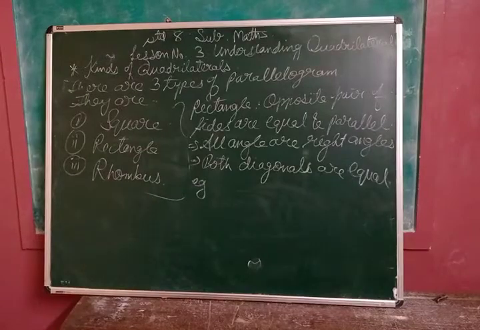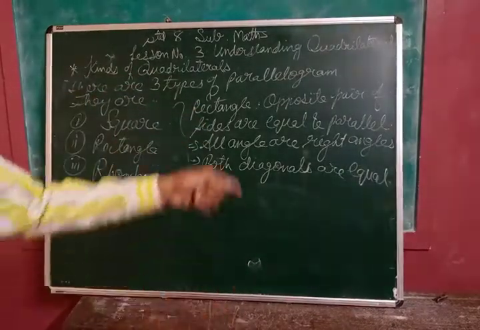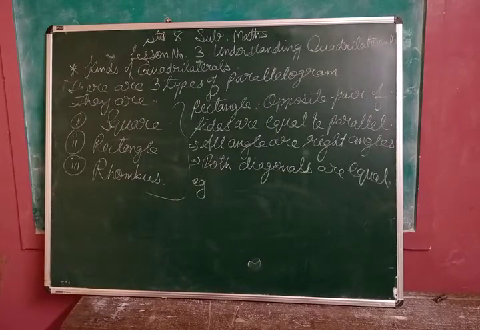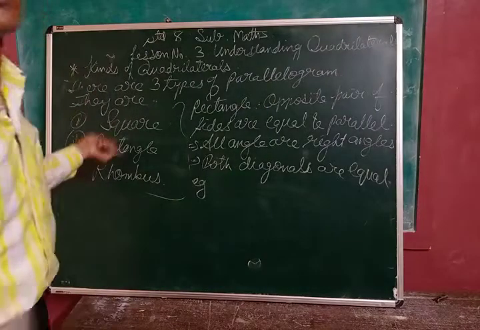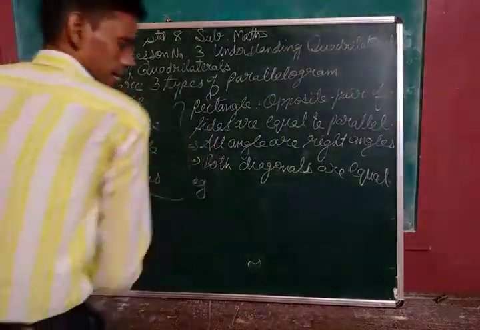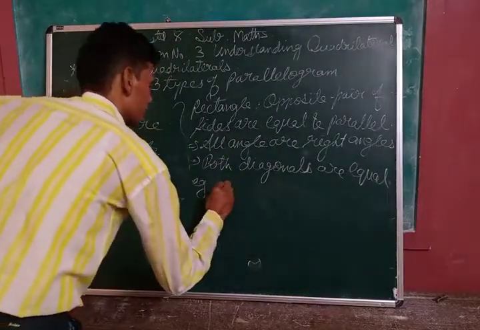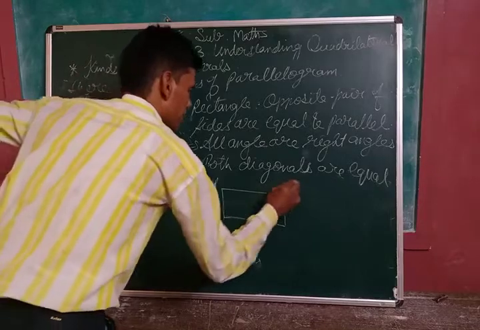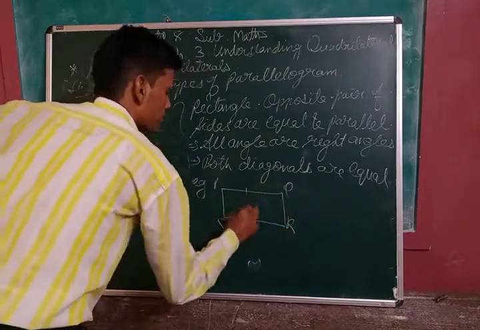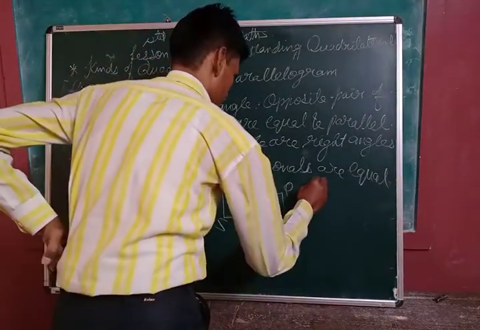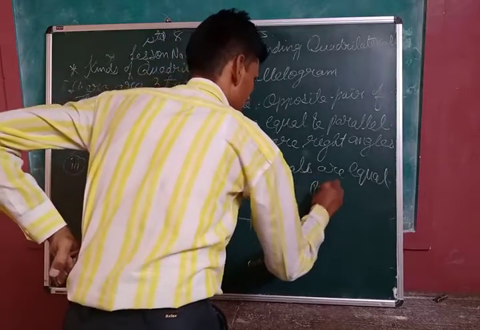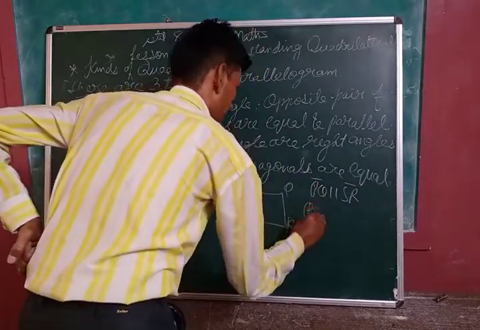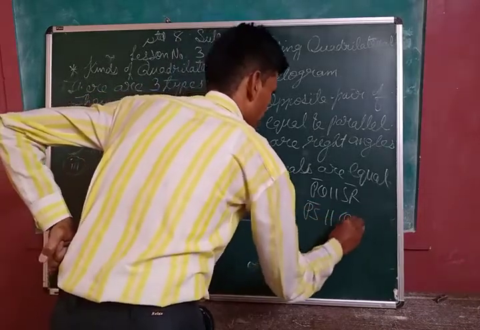What is the difference between rectangle and square? In square all sides are equal, in rectangle only opposite sides are equal and parallel, but these two adjacent sides may not be equal. Okay? Here, P, Q, R, S. PQ is equal to SR. PS is parallel to QR.